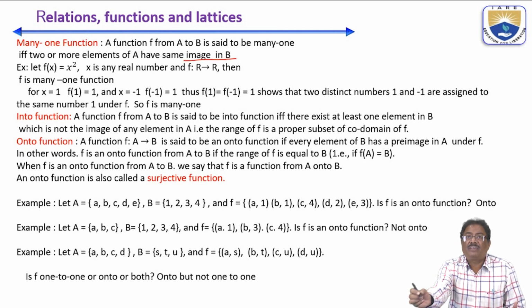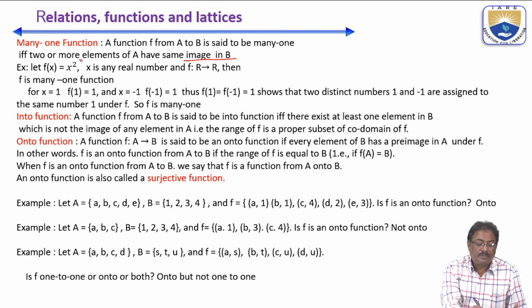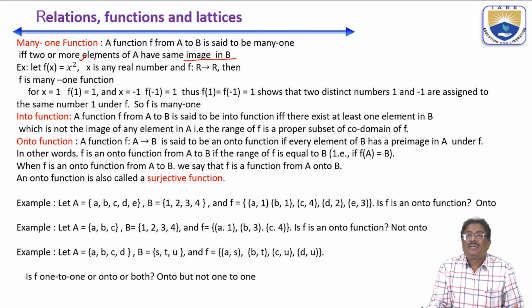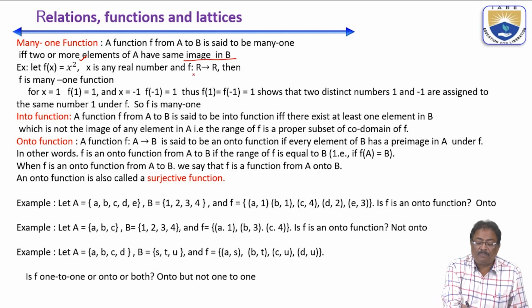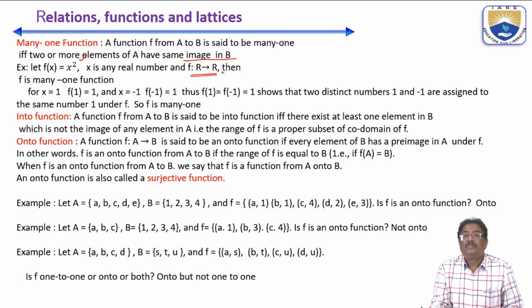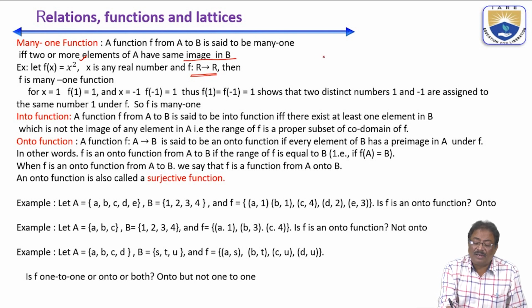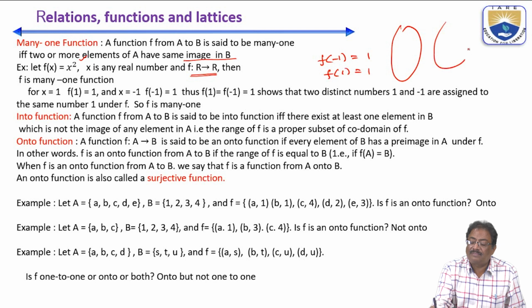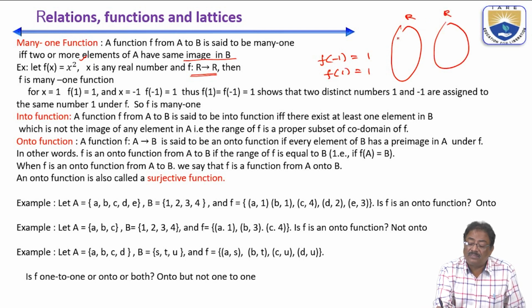Suppose f of x is equal to x square is a function defined from real numbers to real numbers. Then if I take f of minus 1, it is equal to 1, and f of plus 1 is equal to 1. So if I take the real numbers, let us say R, then I am going to take the numbers minus 1, 1, minus 2, 2 and minus 3, 3.